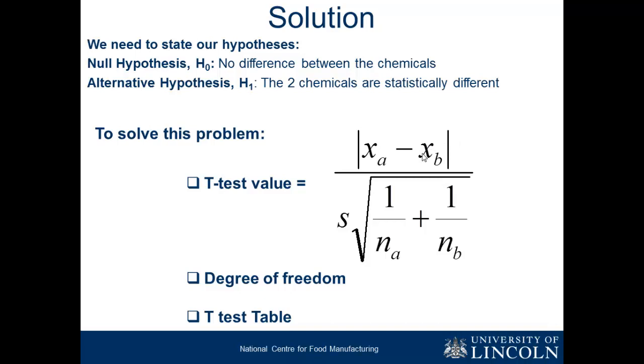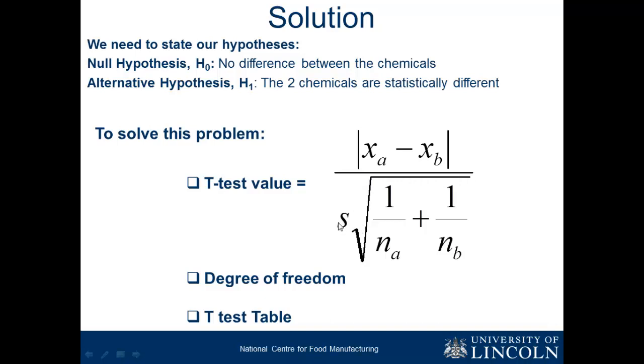For example, if the difference is 2 minus 4, that will be minus 2, but because we are really interested in the absolute value, you only need to put 2. So absolute value is the meaning of the two vertical lines.